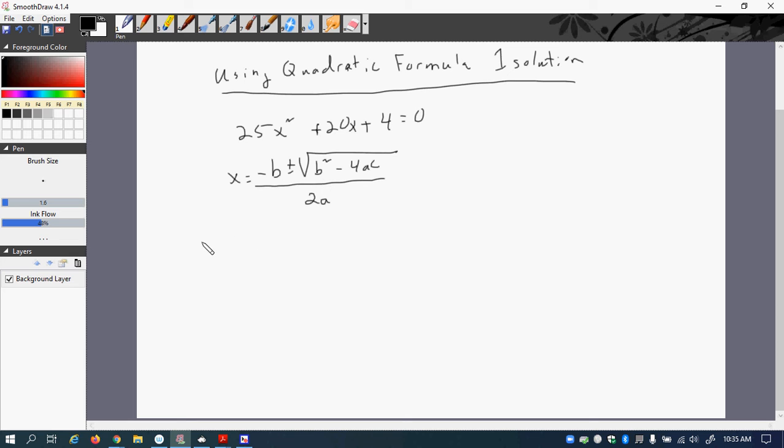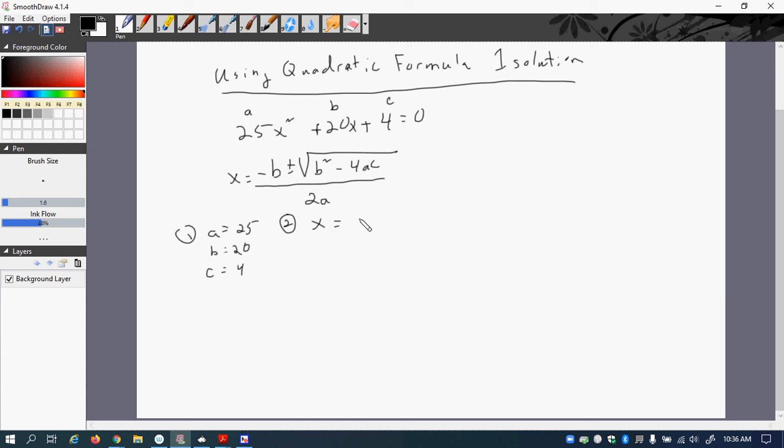Okay. So first, again, you have to know what the a, the b, and the c is. So a is here, so that's 25. It's always next to the x squared. The b is always next to the x, so that's 20. And then we have 4, which is the last one, c. So now the second step is to put it into the formula.